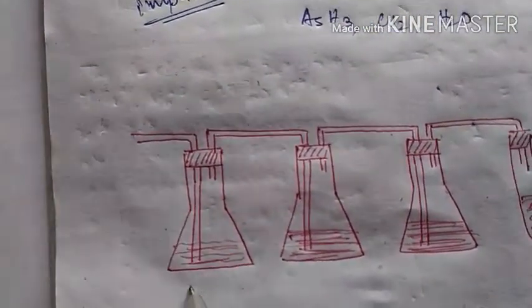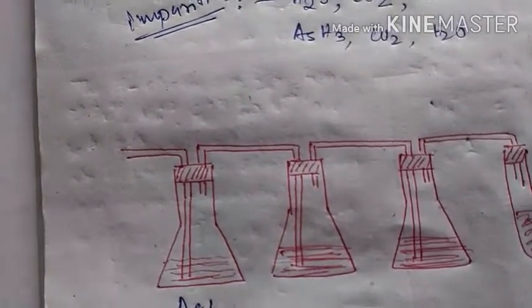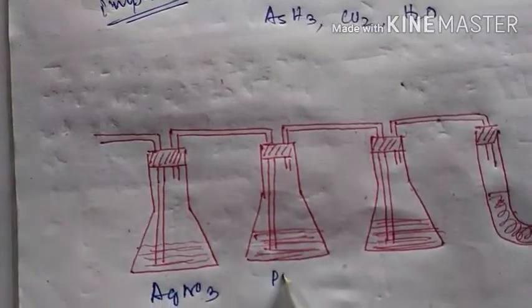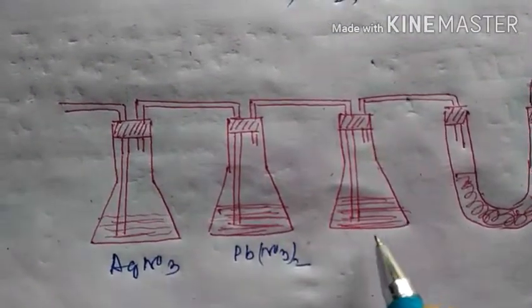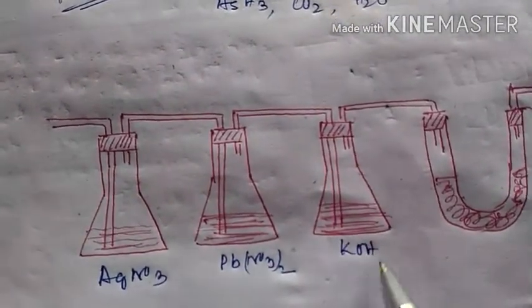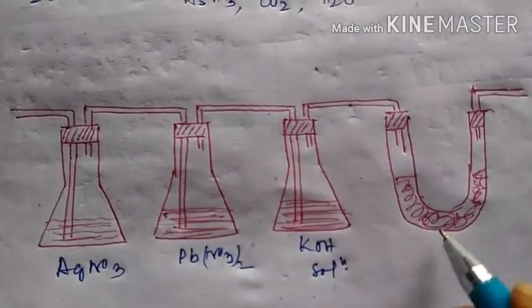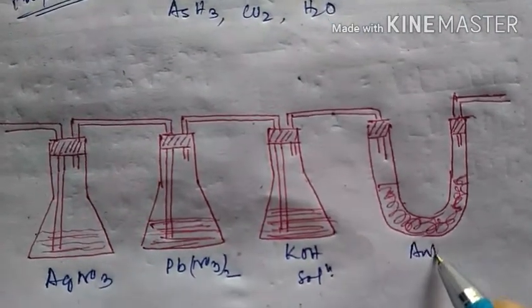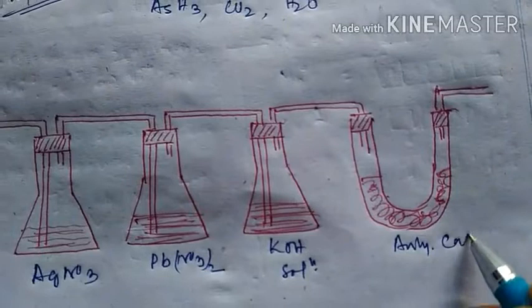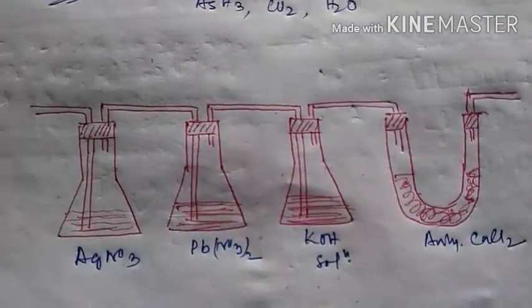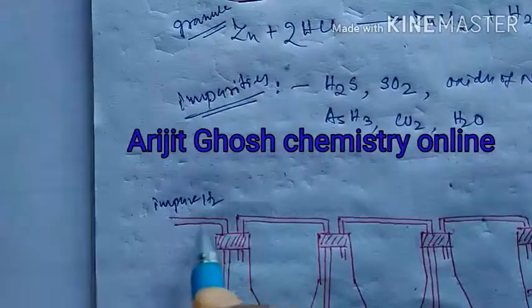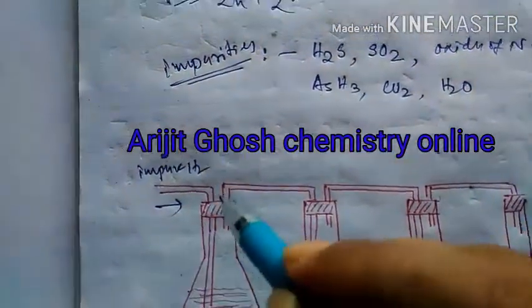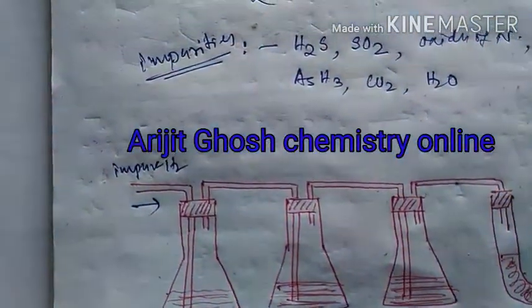The first solution here is silver nitrate, next one is lead nitrate, the third one is potassium hydroxide solution, and the last one is anhydrous calcium chloride. Now impure hydrogen is passed through this point and comes into this system.